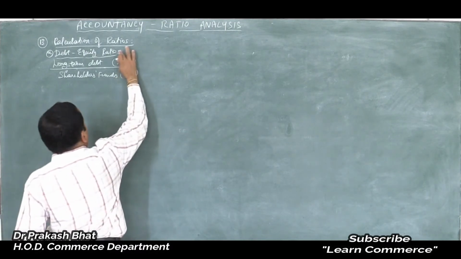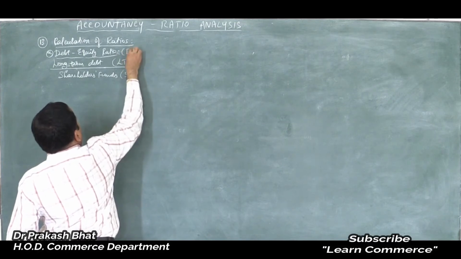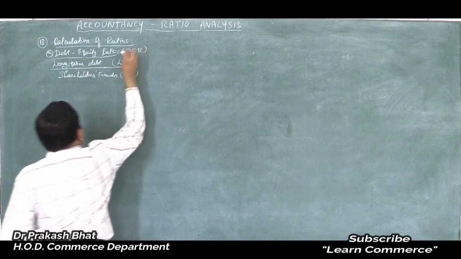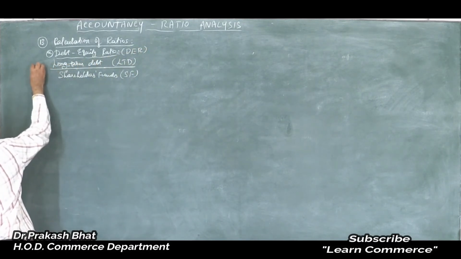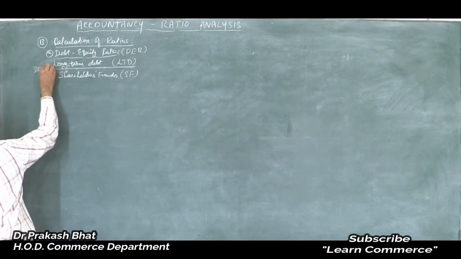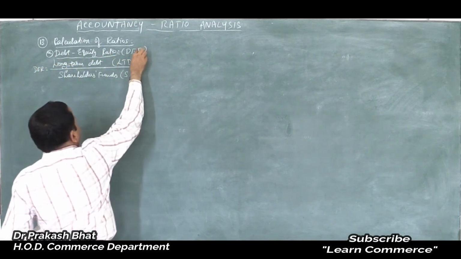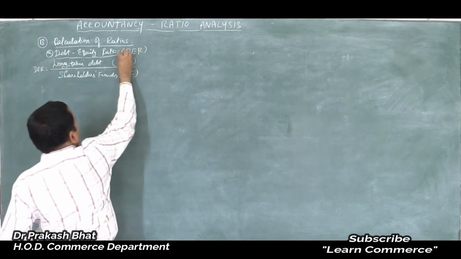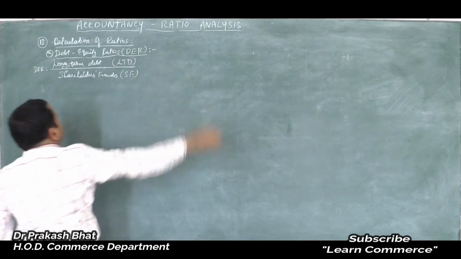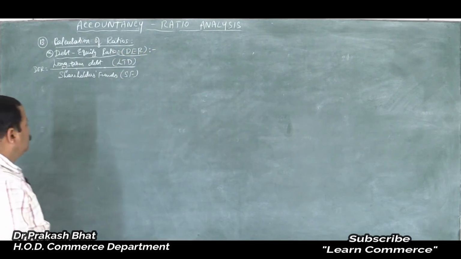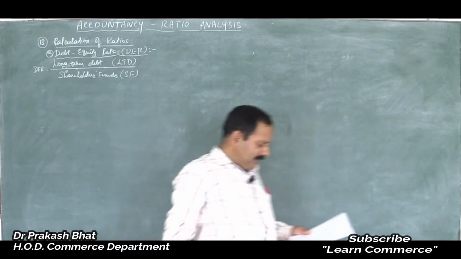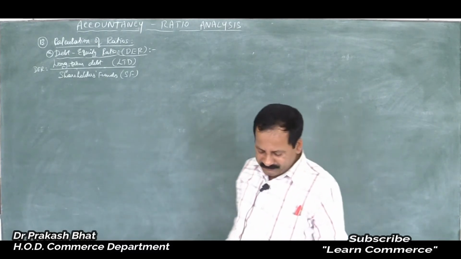This is debt equity ratio. DER is equal to, debt equity ratio is equal to, I wrote the formula, isn't it? Now, see which are the items that are required for us.